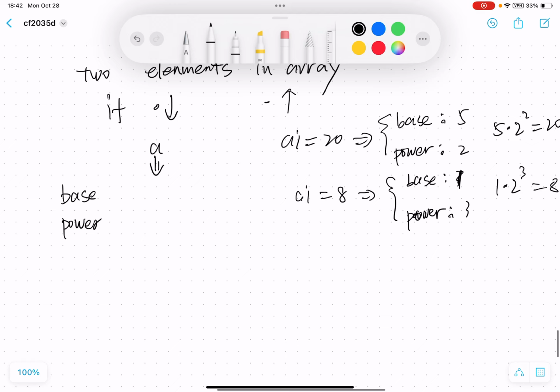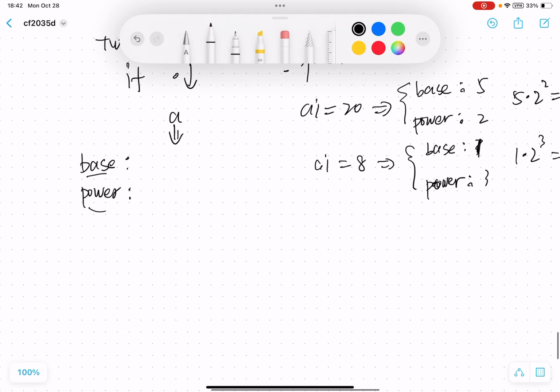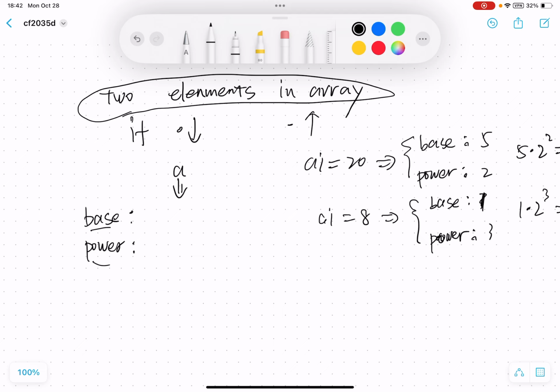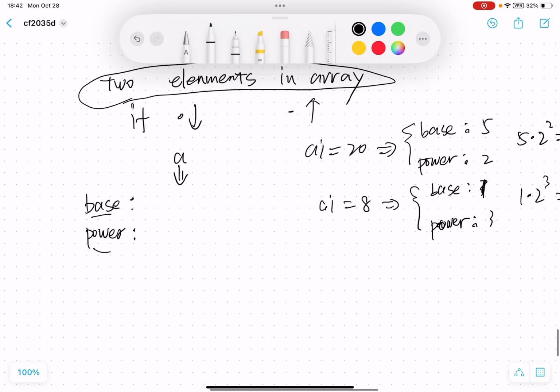So after we process the A array, we get two arrays: base and power. Let's get back to the original question. For any elements in this array, we need to determine whether we should make the second one larger. This is a tricky question.